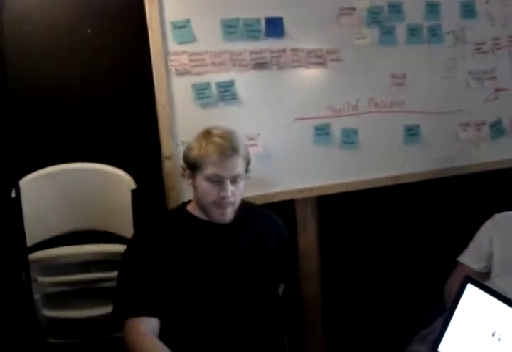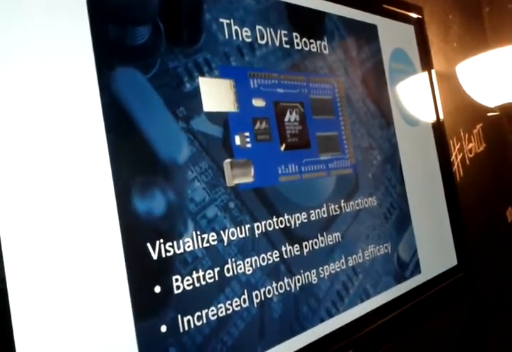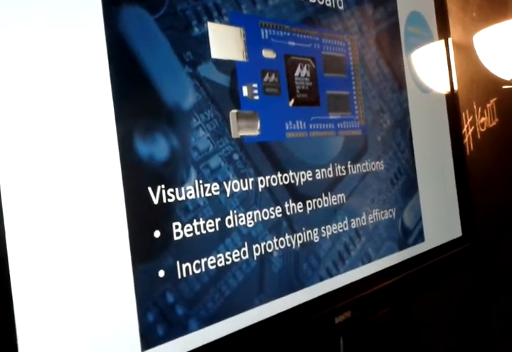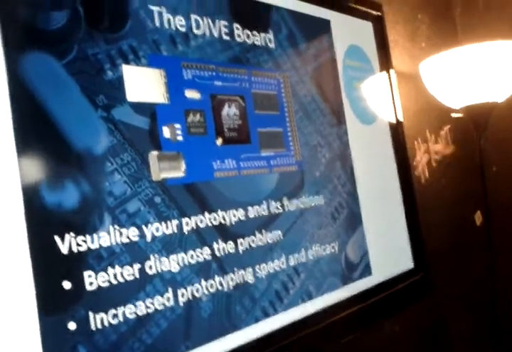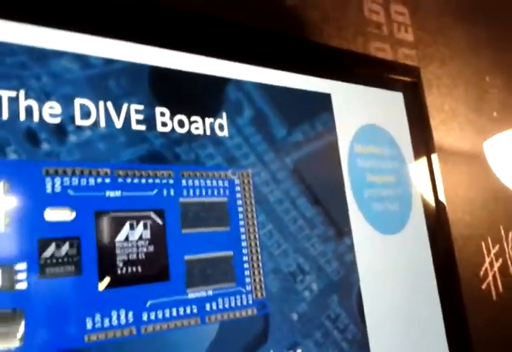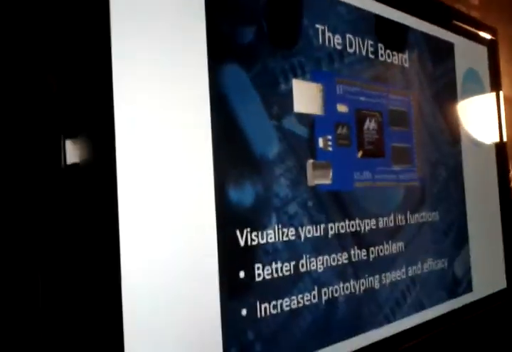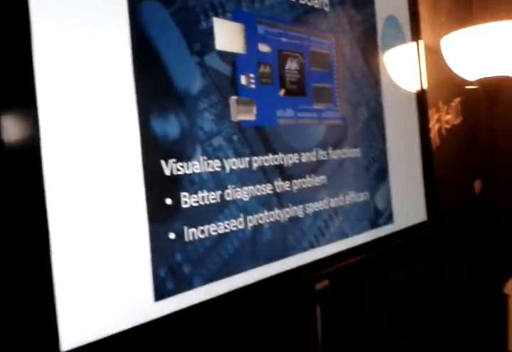One thing, this isn't part of Adaptive Vehicle Make. This is another proposal opportunity that Vanderbilt is currently working with. This is the Dive board. It is an integrated system on a chip. If you have something like an Arduino, this has built-in instrumentation.